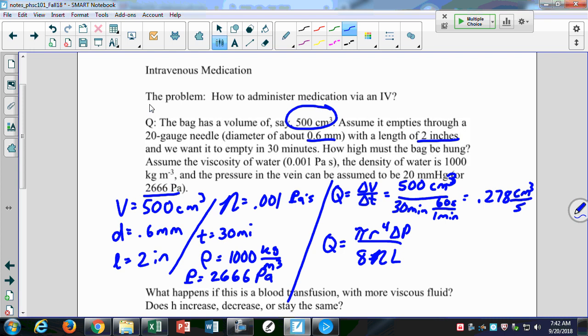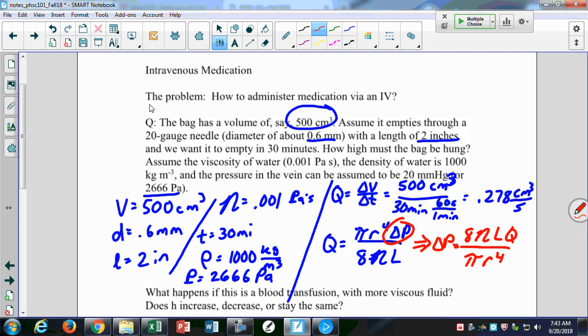So I want to find out what the pressure differential should be. I can solve this equation because I know everything except for delta P. So I'm going to solve this equation for delta P, and I'll say that delta P is equal to 8 eta L Q divided by pi r to the 4th. Again, I'm not going to ask you to solve this equation on the exam, but you do need to understand that we can use this information to figure out the pressure differential.